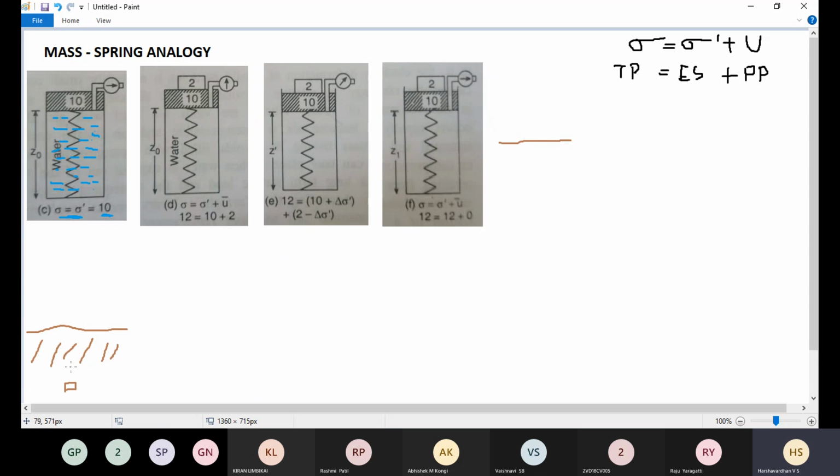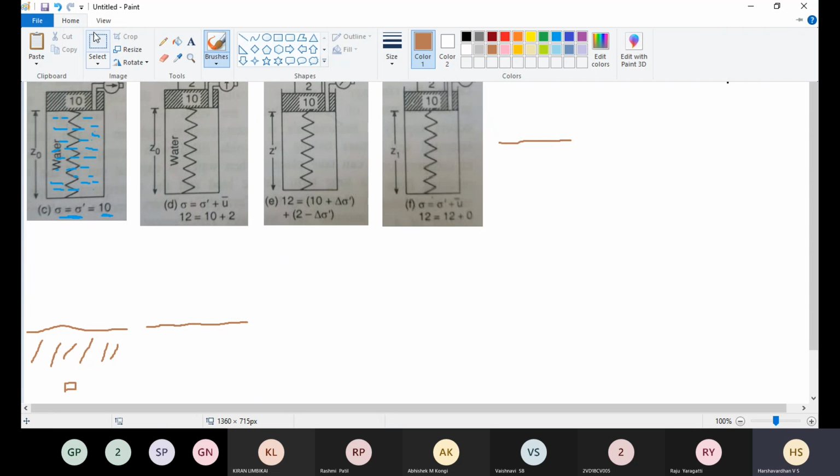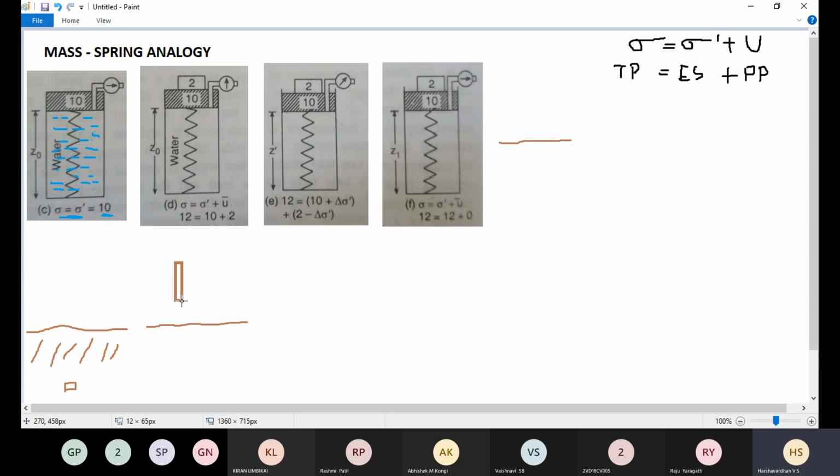That weight is entirely carried by the soil itself. Now, on this soil strata, I'll construct a building. When I construct this building, the weight of the building is the extra stress or extra load.